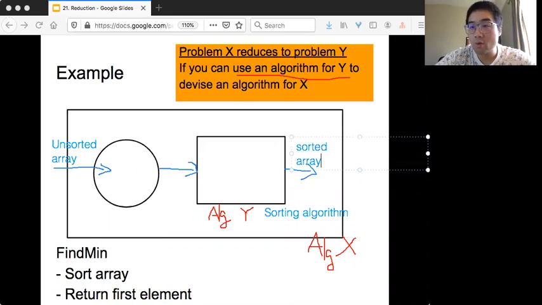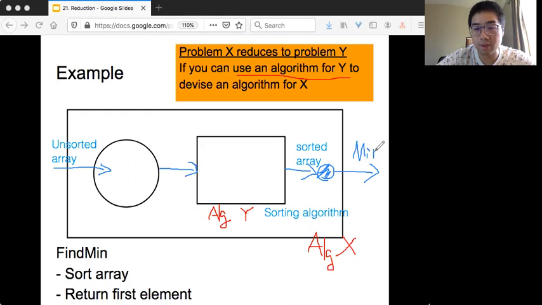Okay, then what do you do for the output for the algorithm for X, meaning that I want to find a minimum? Here I'm going to pick the minimum in this blue circle, and this is what you output for the big thing, called the minimum.